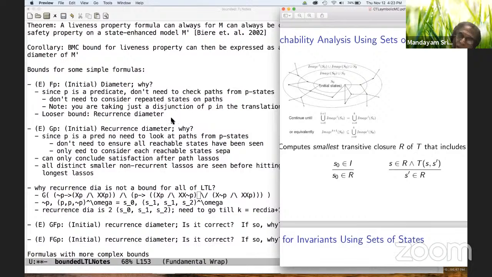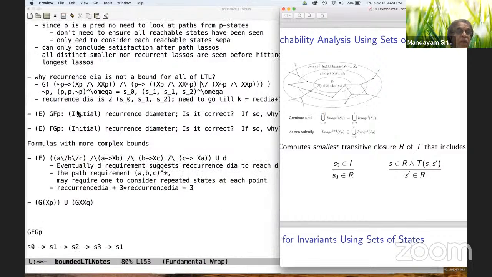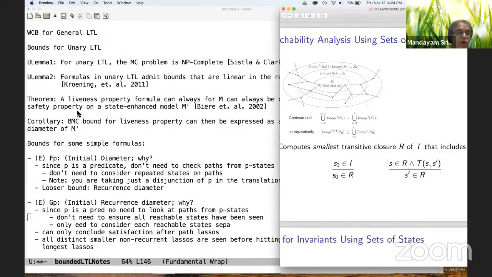You would have encountered all the states that are reachable from any of the initial states, and therefore you would definitely have checked P. So if there was a violation, you would have encountered it, and if there was no violation, then you could say that you have seen a witness to FP.